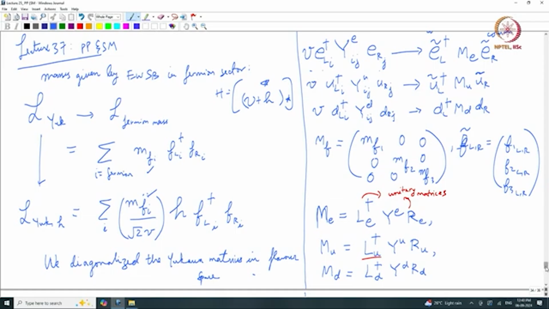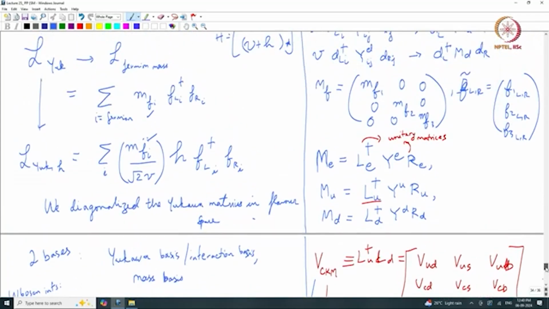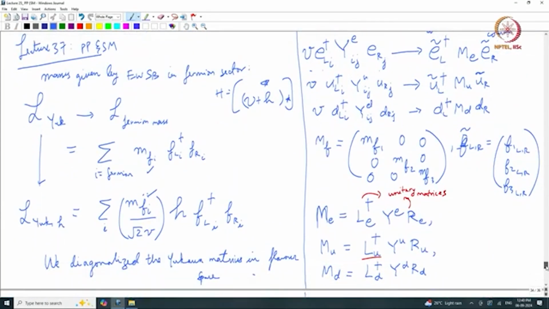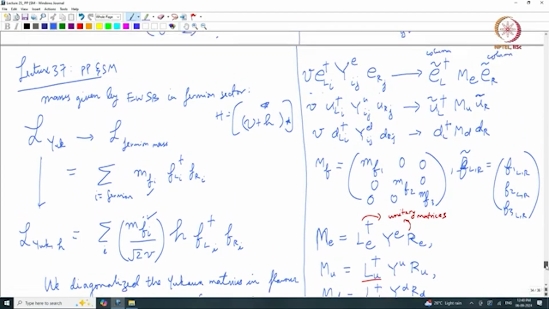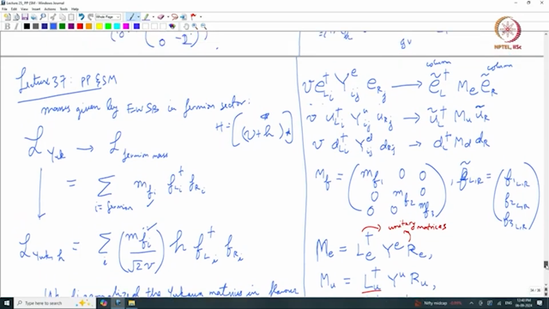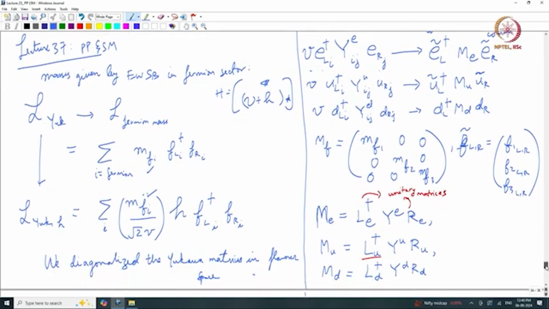But what was non-trivial was that to get to this mass basis, we had to rotate the fermion fields in flavor space, right. Said differently, we had to diagonalize the Yukawa matrices such that we got diagonal masses, correct, in flavor space.